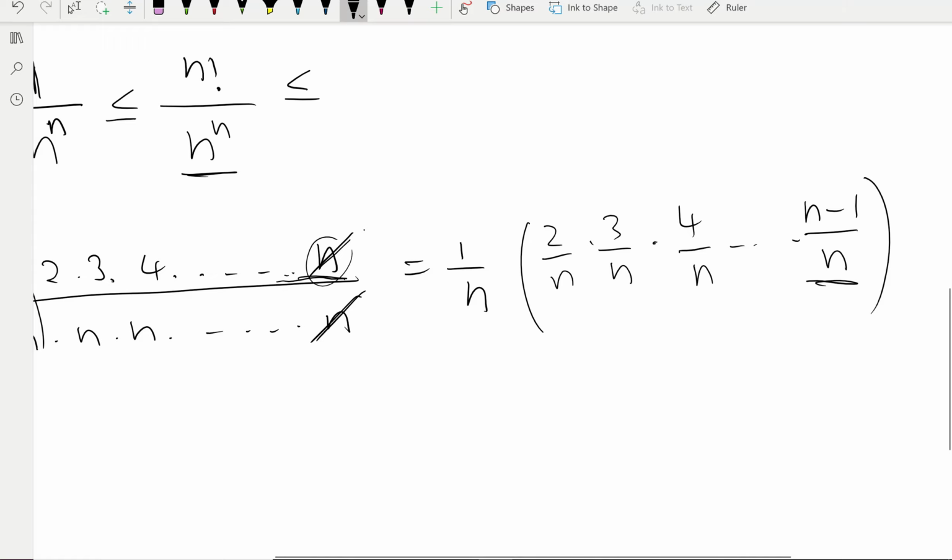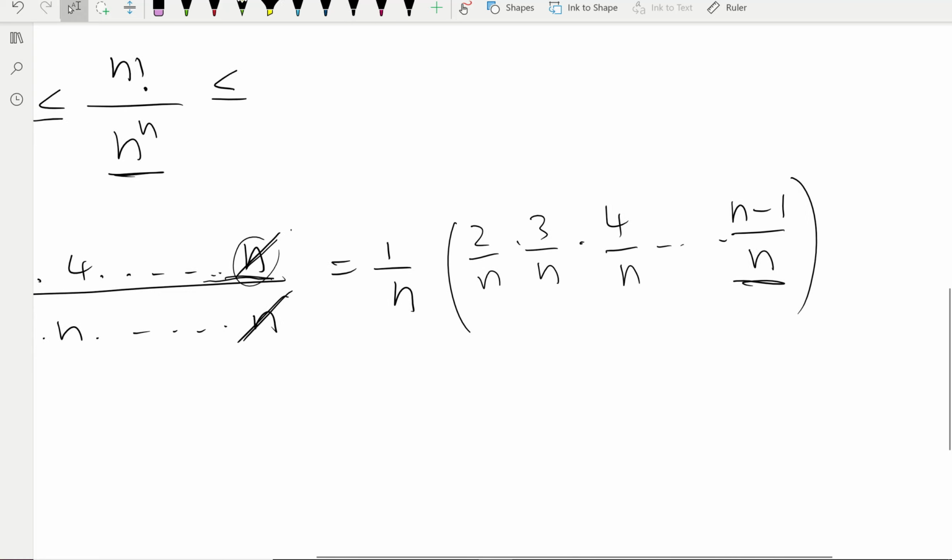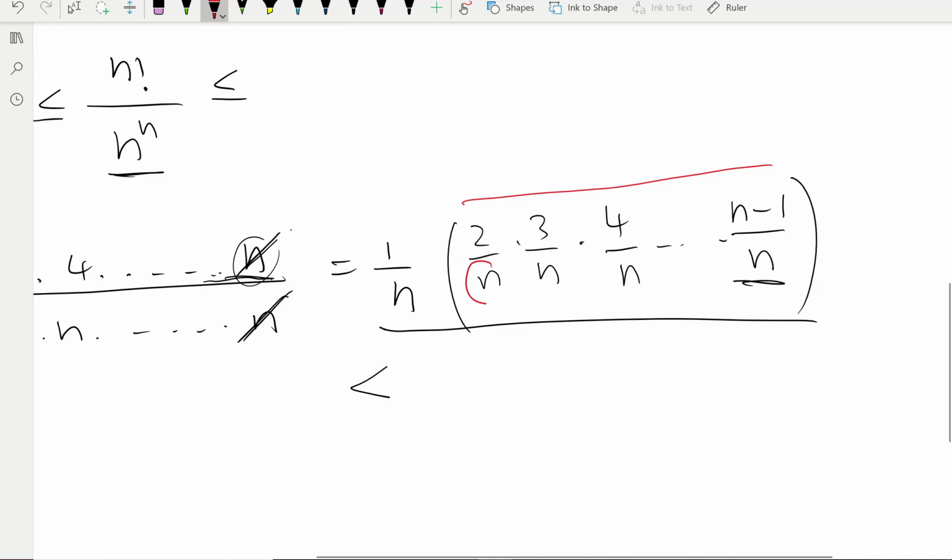Now you want to find a sequence, a term which is larger than everything here. So what do you think? If you look at this part, 2 over n, 3 over n, 4 over n, remember n is a larger number than 2 here. The largest fraction, n minus 1 over n, is also less than 1.